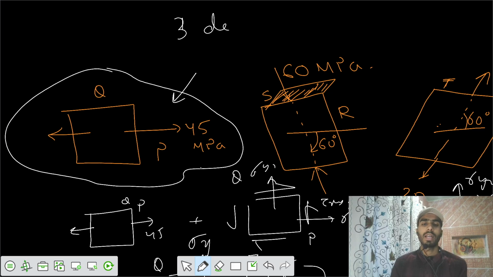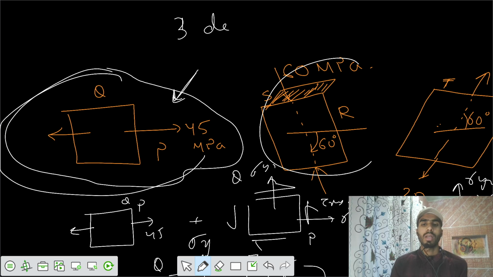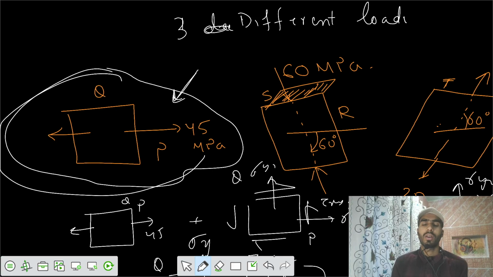The standard case that we used for the derivation was this plane P and Q. So we have to transform loading B and loading C into our state of stress on P and Q. Because of three different loadings, we have different states of stress on different planes: P and Q, R and S, U and T.